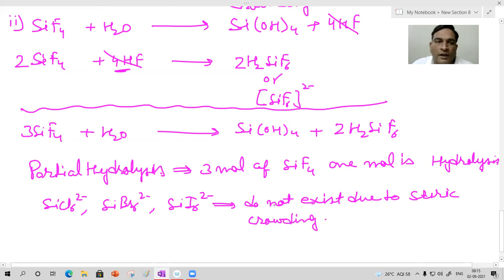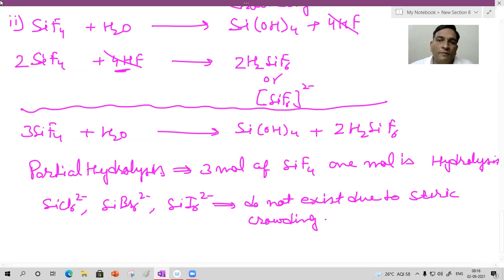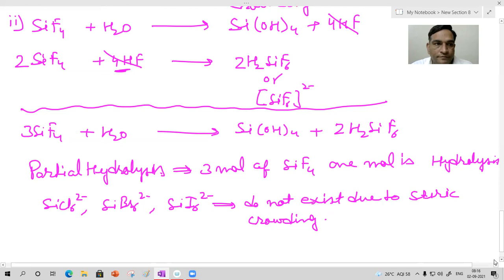So we are watching some examples of the s block, some of the boron family, some of the silicon family. All these hydrolyses are given in your NCERT and in NEET and JEE examinations, but in different chapters. We are adding them at one place, so the reactions will be memorized easily.